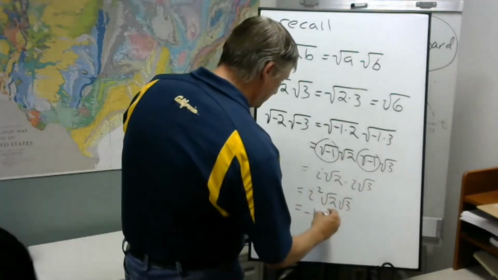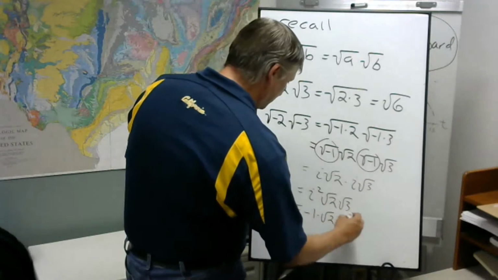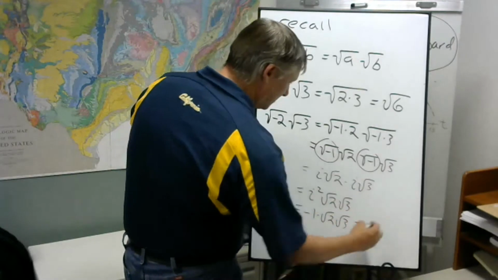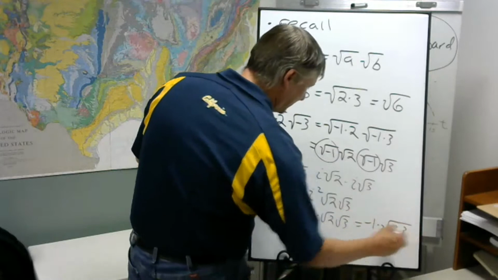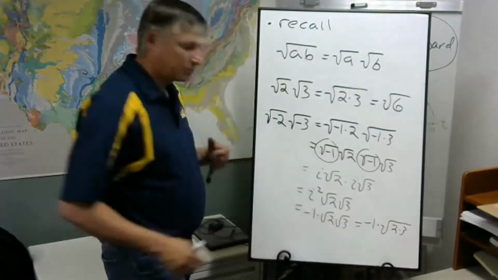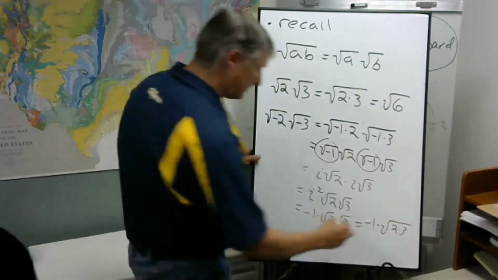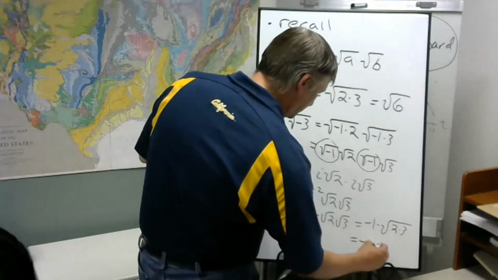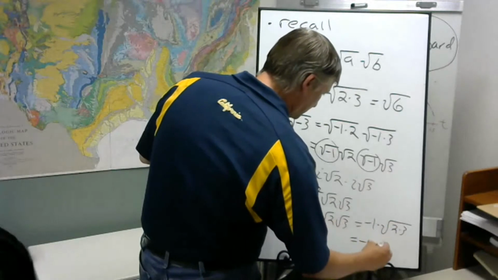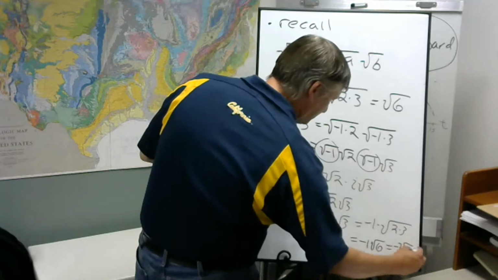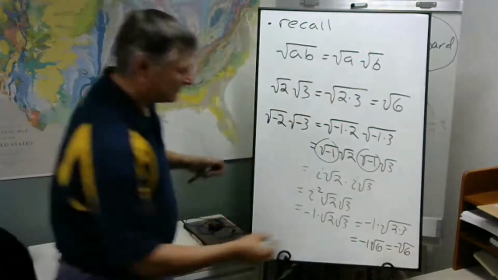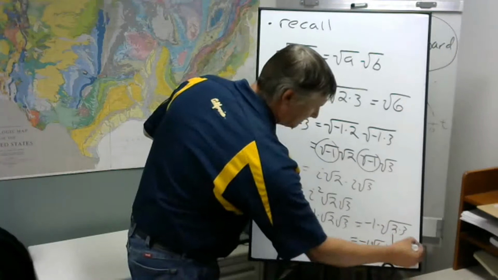So negative 1 square root 2 square root 3. Or negative 1 square root of 2 times 3. Again, we can combine the square root 2 and square root 3. So we get negative 1 square root 6, or negative square root 6. And so this is actually our answer.